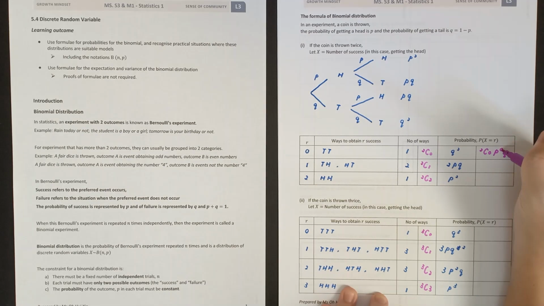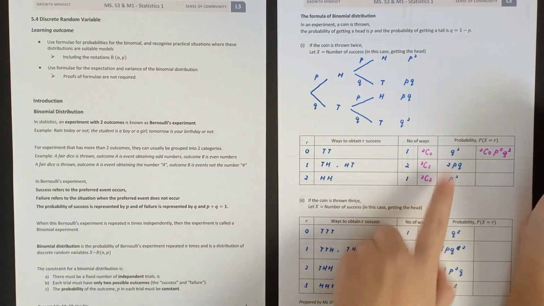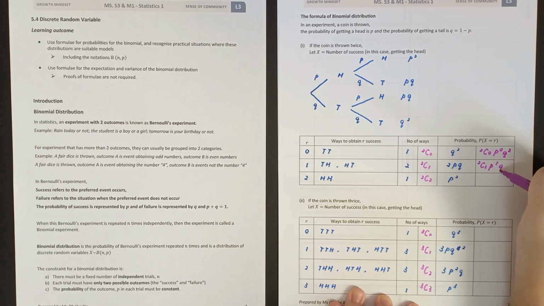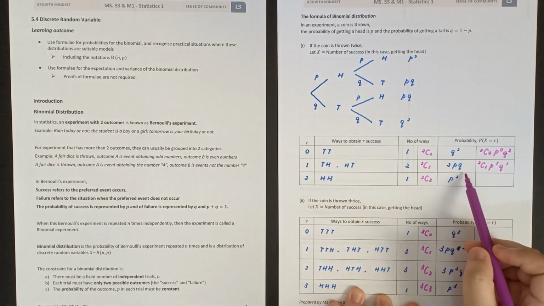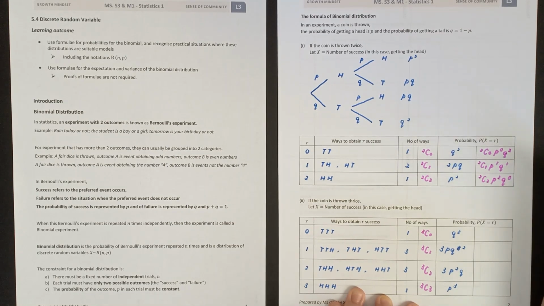Then because I have 0 successes, I have 2 failures, so this is how I get q squared. Then I continue with 2C1: out of the 2 trials, I get 1 head, so p^1 q^1, which gives me 2pq. The same here, this will be 2C2, success 2 times, failure 0 times. This is how I get p squared.